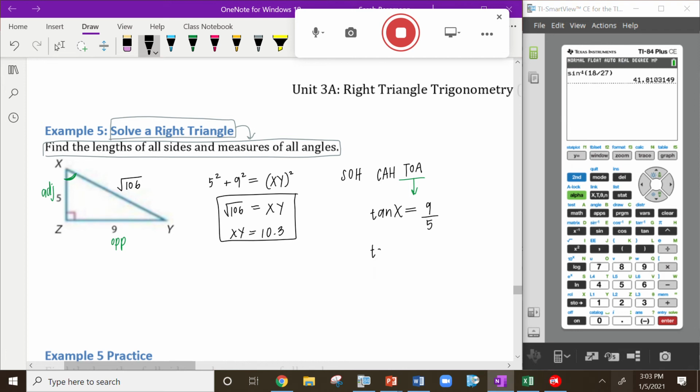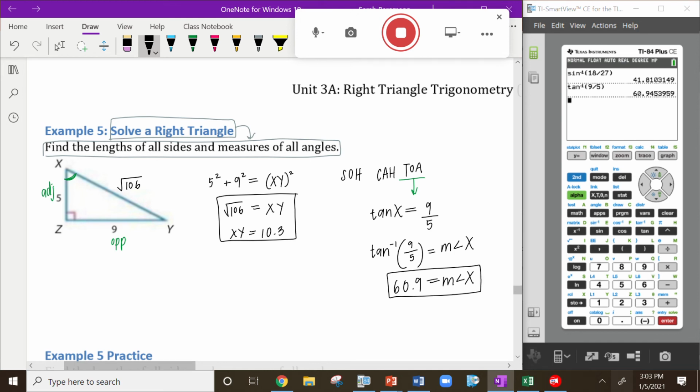Now that I have the ratio written, I can switch the ratio with the angle measure by using an inverse. To find this answer, I need to pull out my calculator and type in inverse tangent of 9/5 and see what my calculator tells me. So it's 60.9 is the measure of angle X.